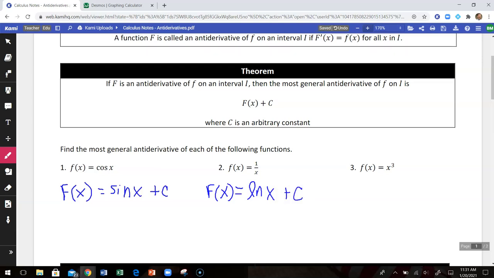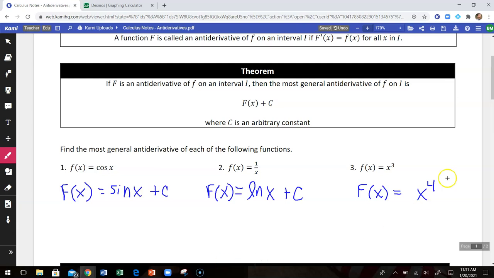And lastly, we're dealing with a power function, x to the third. So if you think about doing derivatives, whenever you deal with a power function, you end up subtracting 1 from the exponent. So if I'm going backwards, what I'm going to do is add 1 to the exponent.